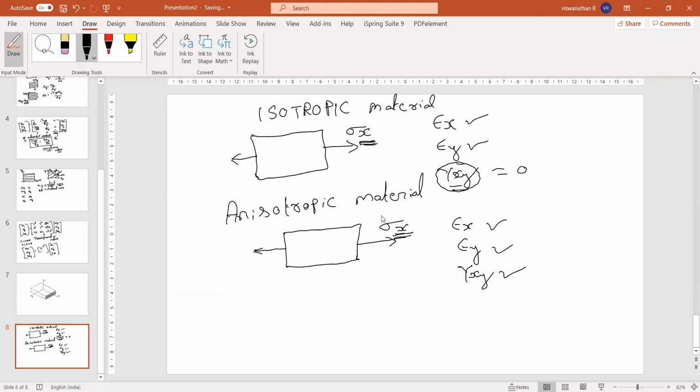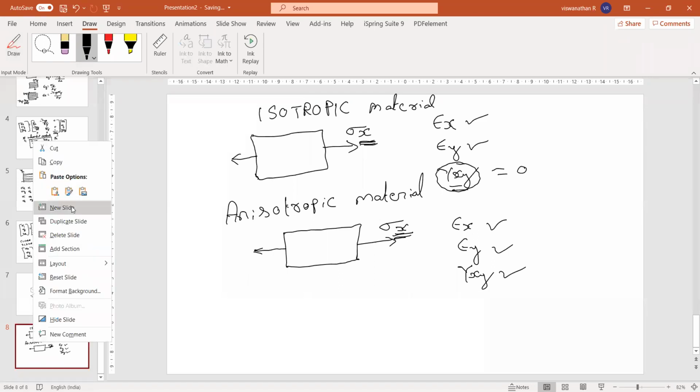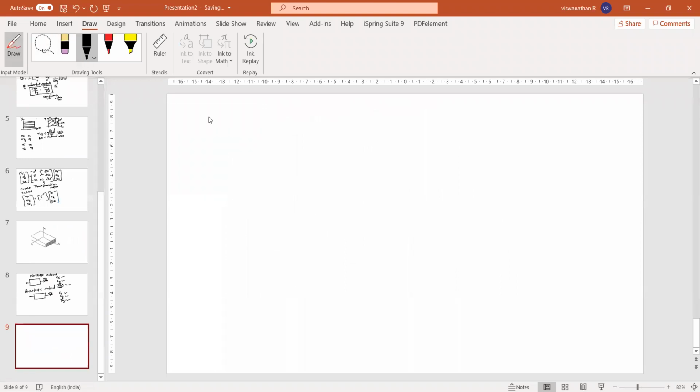Now what is a UD lamina? Is it orthotropic, anisotropic? What do we consider it as? What does UD stand for? Unidirectional lamina.